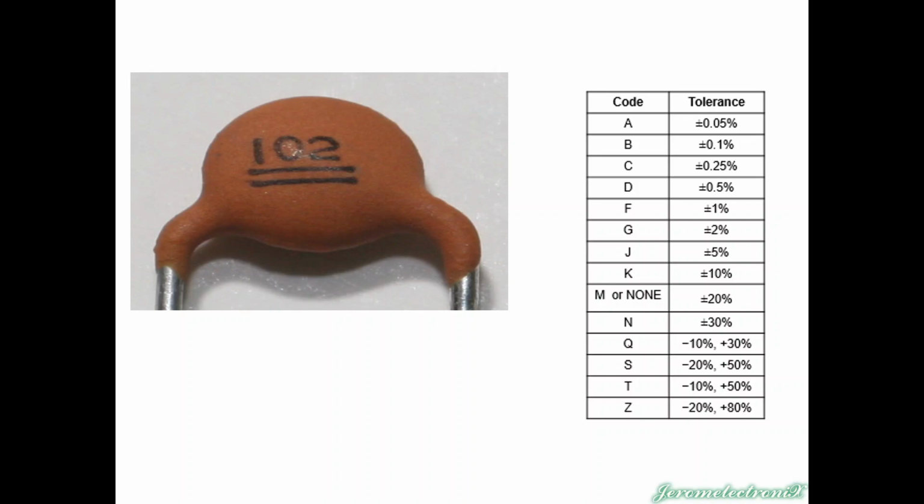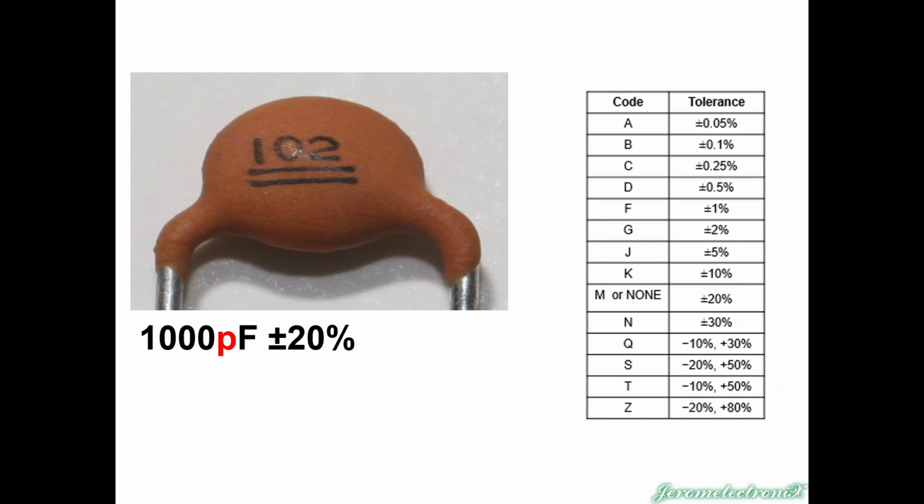Okay, you've unpaused. We got the 1, we got the 0, right? So we keep the 1, the 0. This is a 2, it's the multiplier band, and if we're going to write down a 1 and a 0, we're going to put 2 zeros after that, and there's no prefix on it, so it's going to be a picofarad, and there's no code on it either, so it's plus or minus 20%, right? 1,000 picofarad plus or minus 20%.